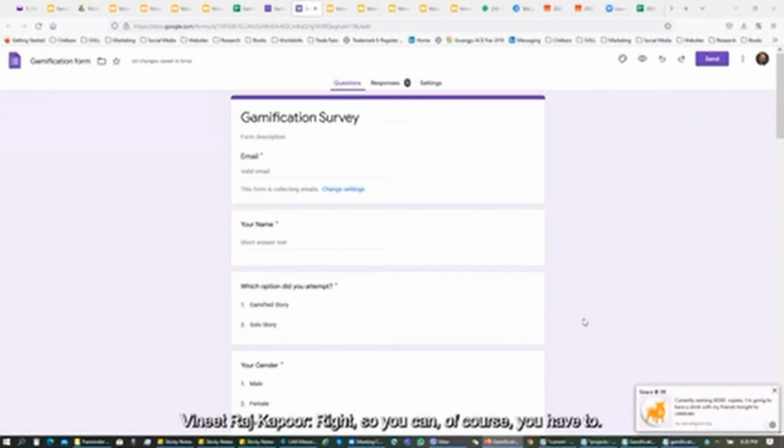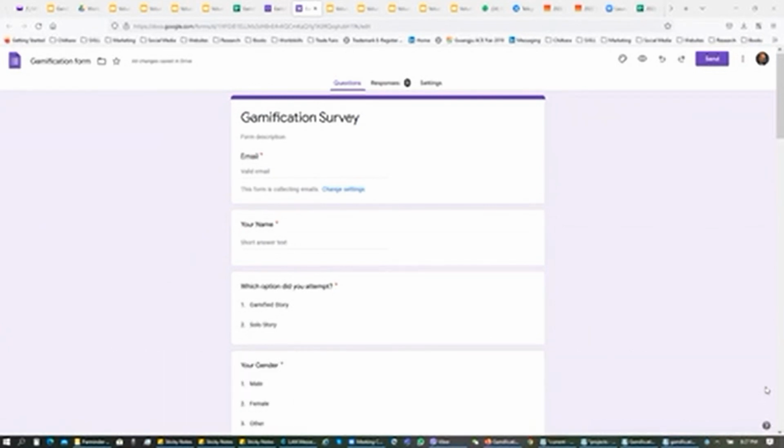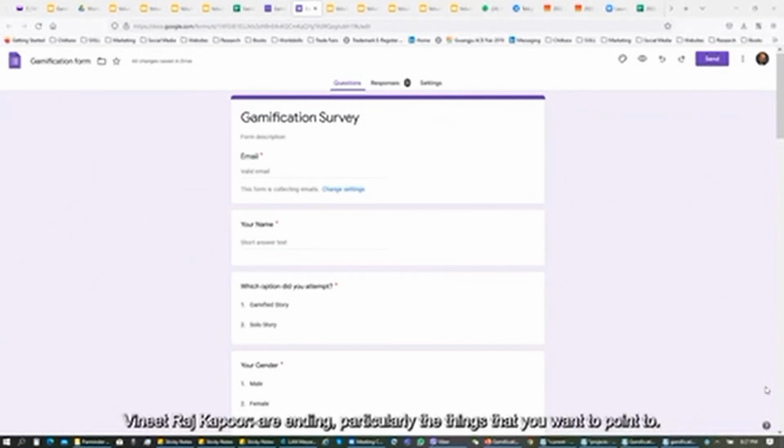You have to tie this to the way you are going to end it. Is the outcome a set of marks or an innovation? It depends on what outcome you're looking for, but you can do this for all kinds of outcomes. Instructional outcomes mean more of the learning and the evaluation, right? Or anything particularly specific that you want to point to?